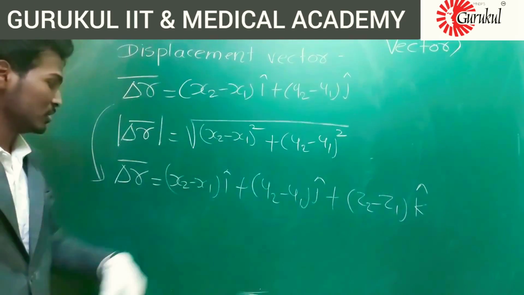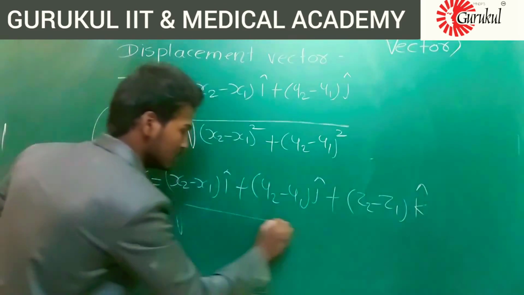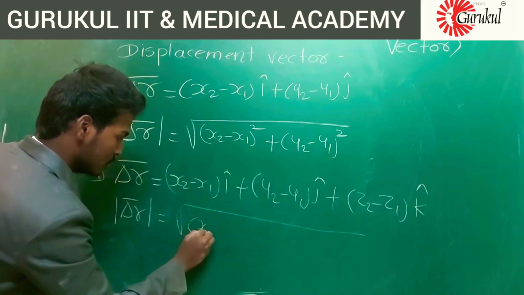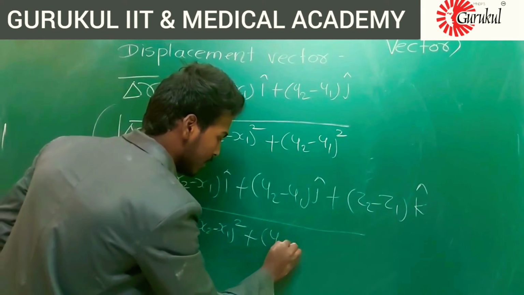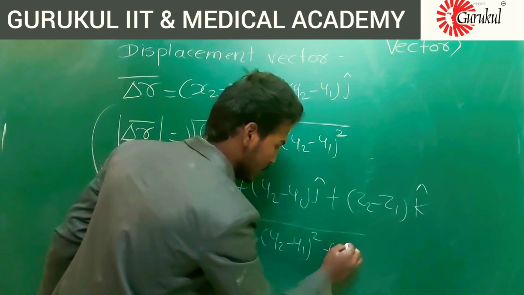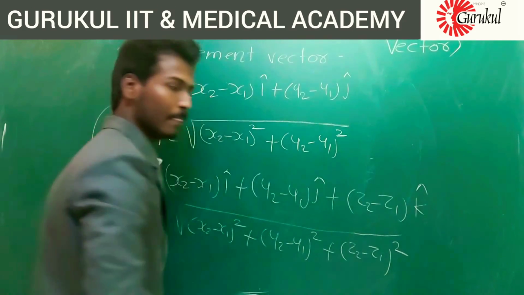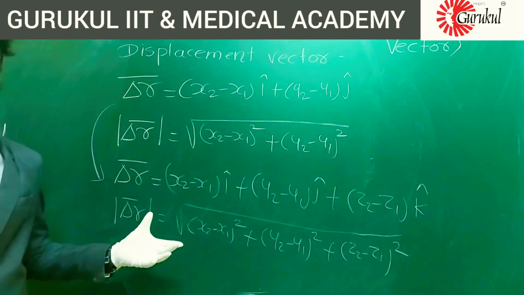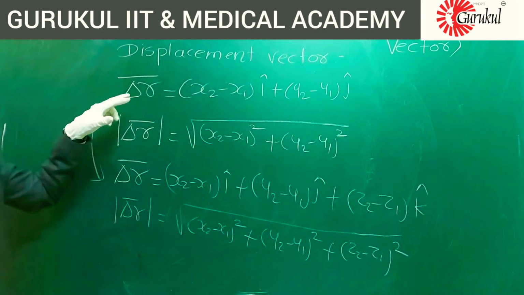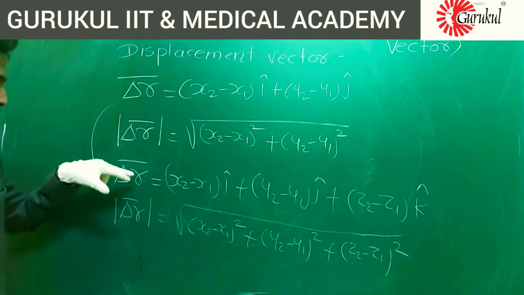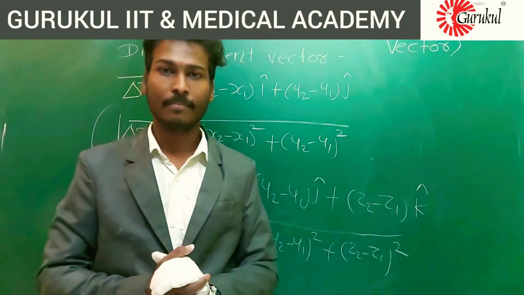And its magnitude is given by square root of (x2 minus x1) whole square plus (y2 minus y1) whole square plus (z2 minus z1) whole square. These are the formulas for the displacement vector in two-dimensional as well as three-dimensional. This is for the vector, this is for its magnitude. Okay, this is displacement vector.